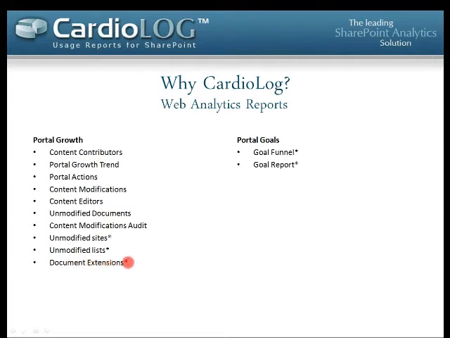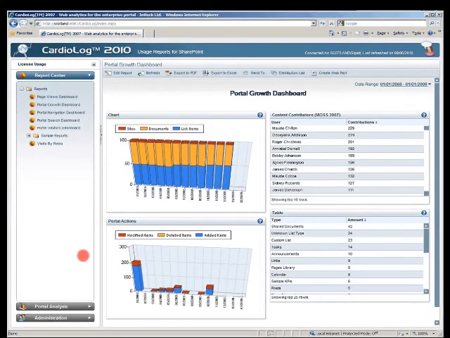And what you can see missing from here is the content size report, which I've spoken about at the beginning of our presentation, because this is a report which is provided by SharePoint too. So here are only reports which are not provided by SharePoint 2010.